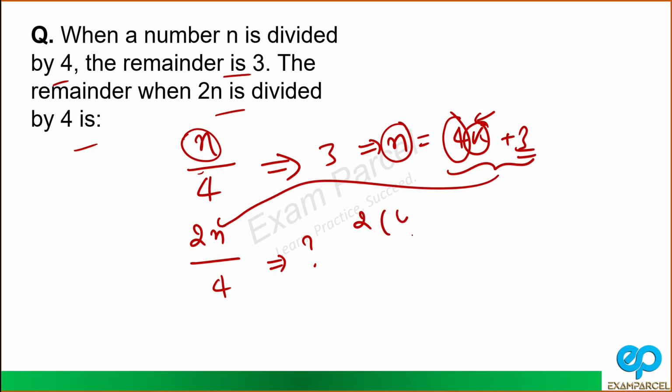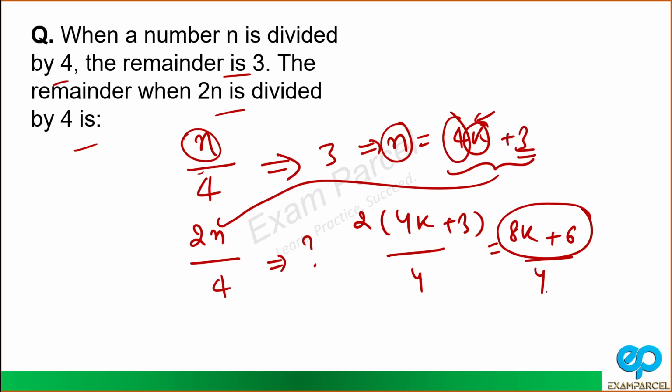So 2 into 4k plus 3, now divide by 4. So this is 8k plus 6 divided by 4. Right? So now my new question is, what is the remainder if I am dividing 8k plus 6 by 4?